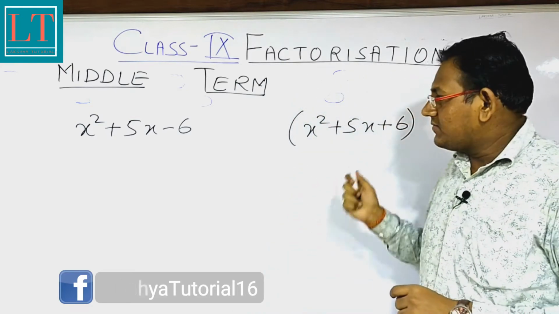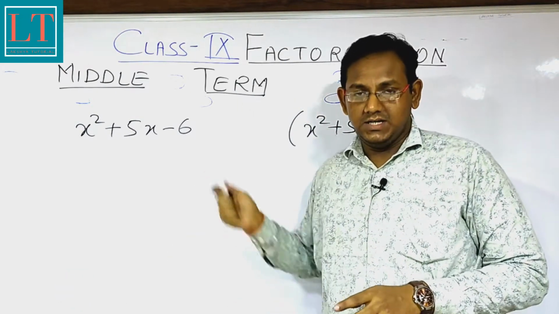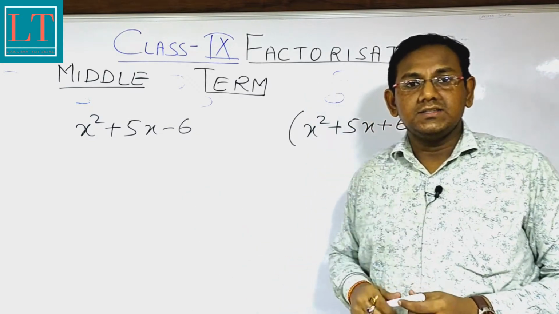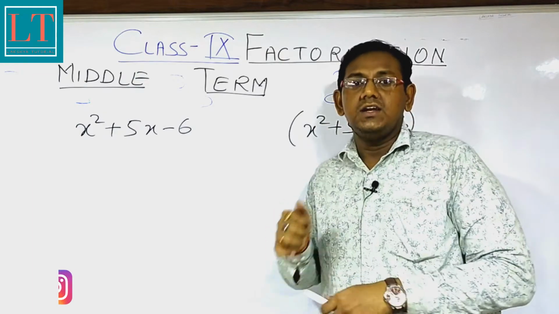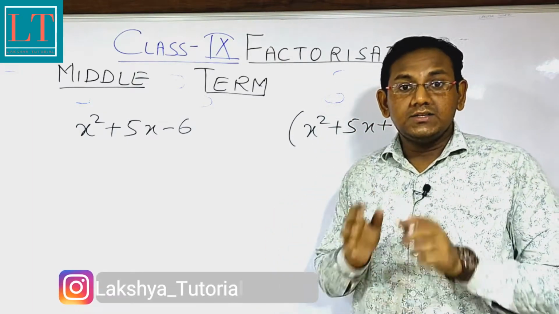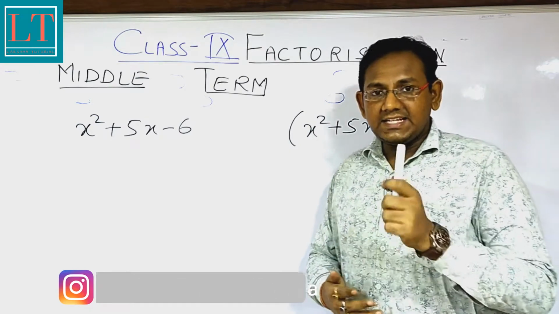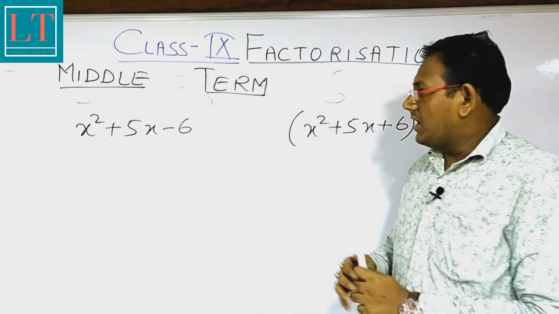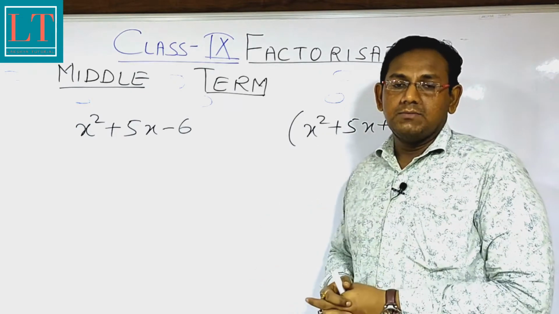The reason why I chose this particular question is that there is one important thing I want to focus on, where students generally make a mistake. This mistake is very important to discuss. In the previous video we discussed how to find the middle term factors.